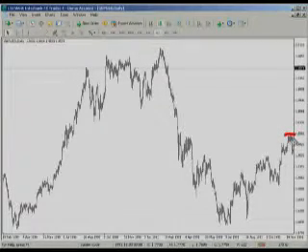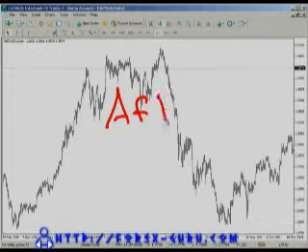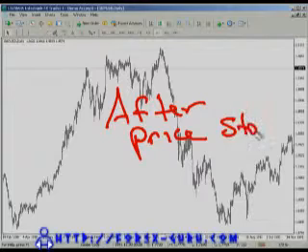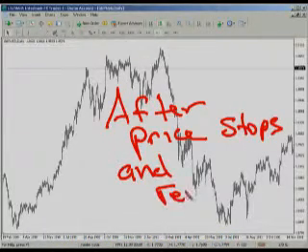Why do I say this? Well, I say it because price moved up, and now you can see right here on the very edge of the chart, it moves down. Okay? So a logical point is formed after price stops and reverses.